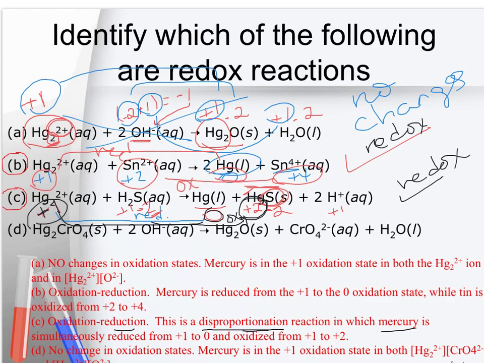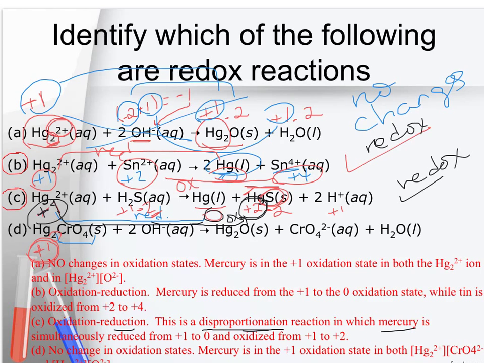The last reaction, reaction D, I'm just going to quietly assign oxidation numbers. I know that mercury, this weird mercury, has an oxidation number of +1. I'm going to save you some time and effort here by pointing out a little hint.